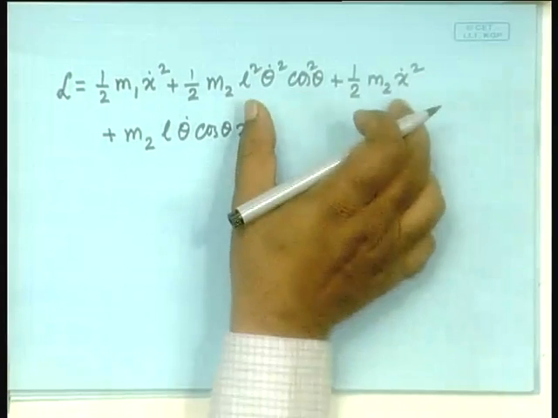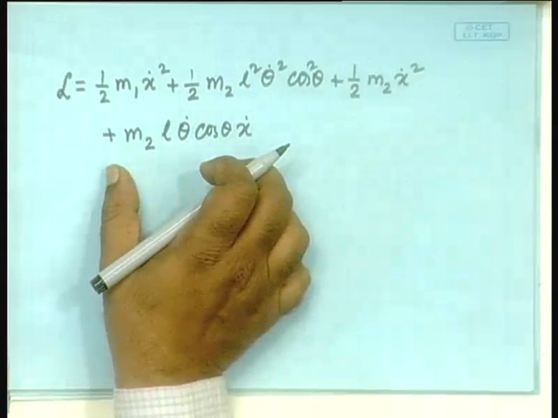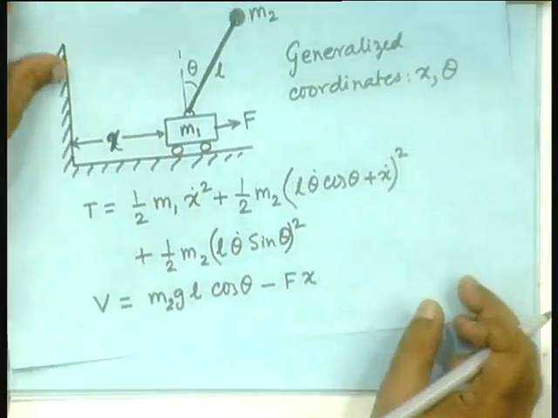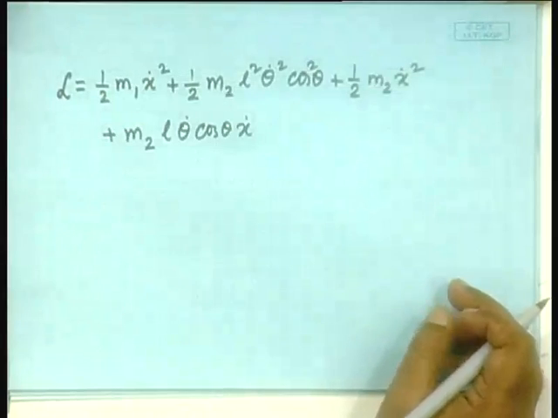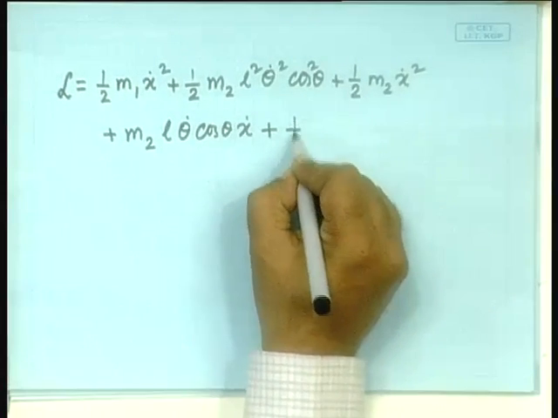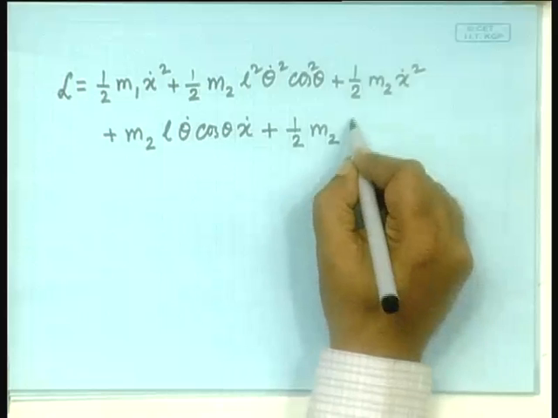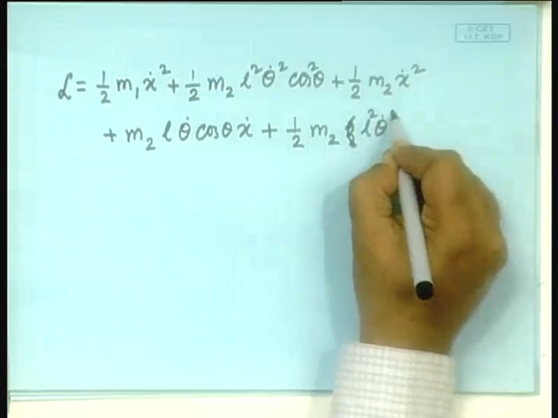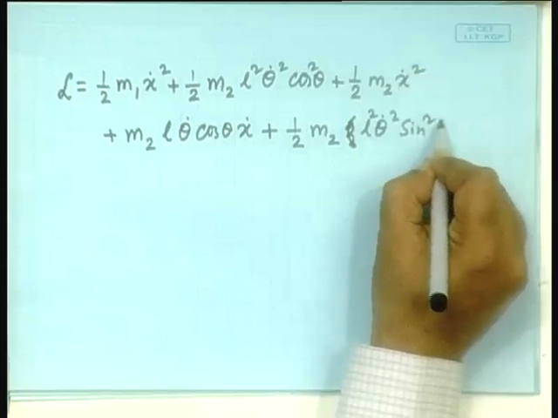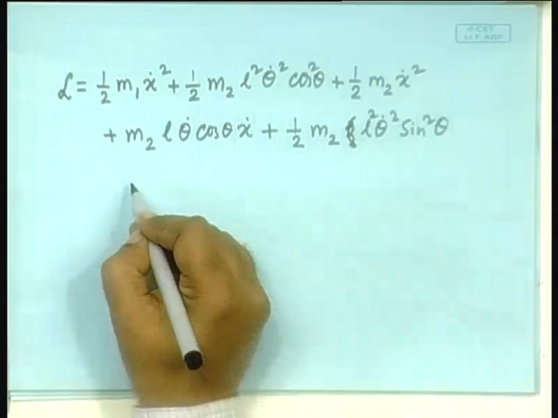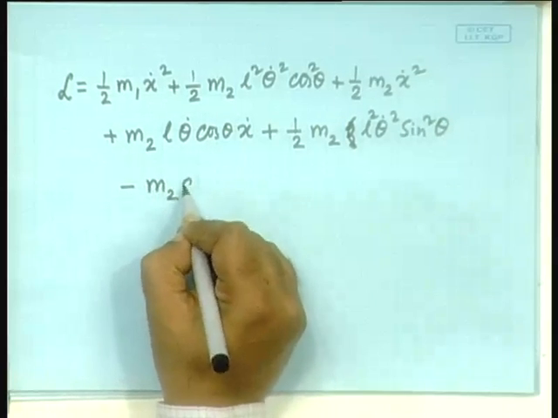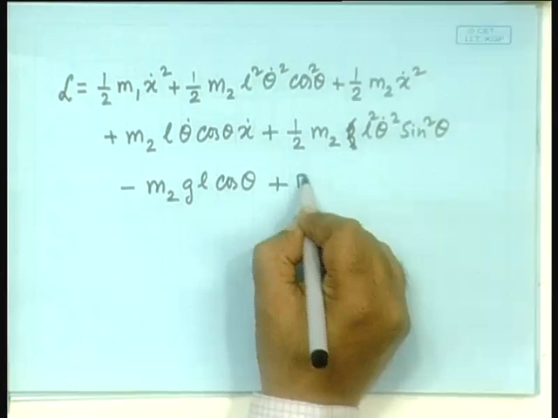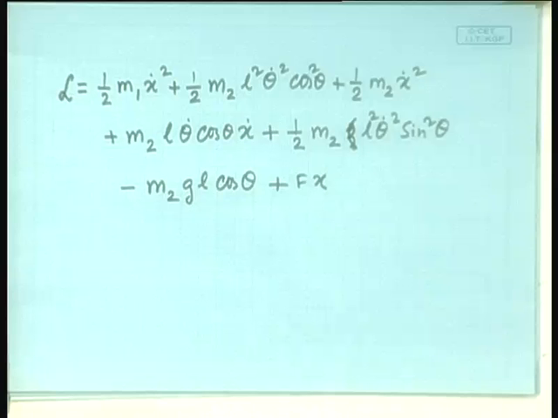I have broken it up, just check if I have written correctly. I have just expanded the square, plus half m2 L square theta dot square sin square theta minus m2 g L cos theta plus F x. That is the total Lagrangian.